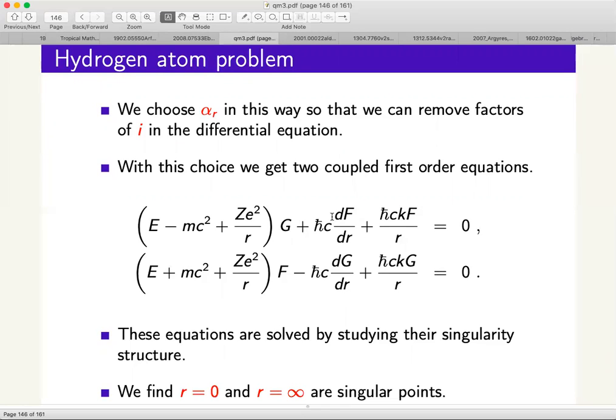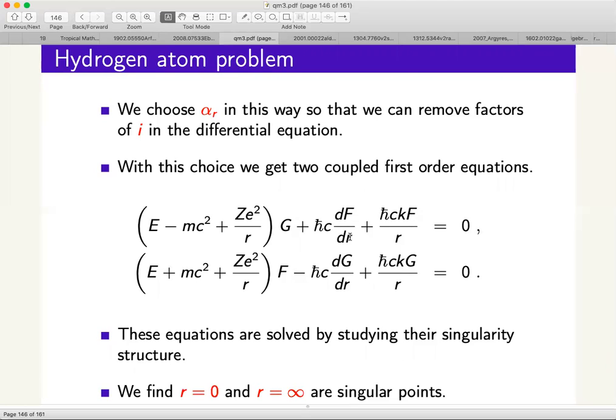So if you use that to replace del del r by del del rho, then you'll find that you'll have a factor of rho squared in the numerator. So you need to divide the whole thing by rho squared, so that the coefficient of the derivative piece is independent of rho.